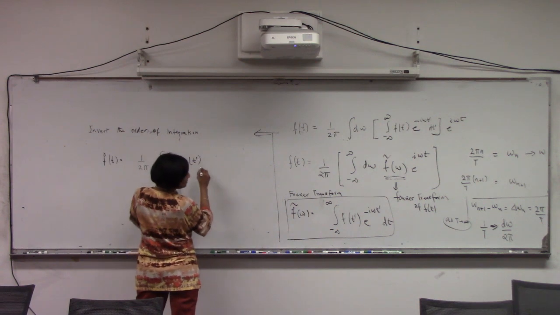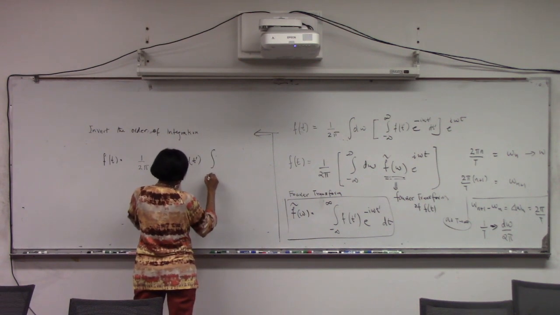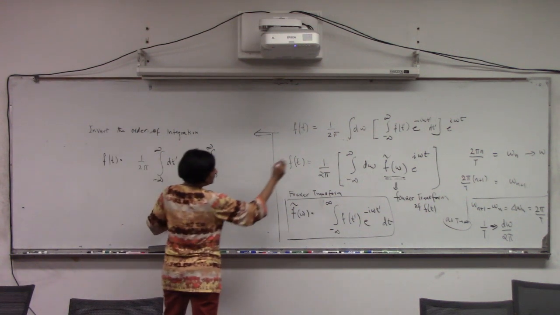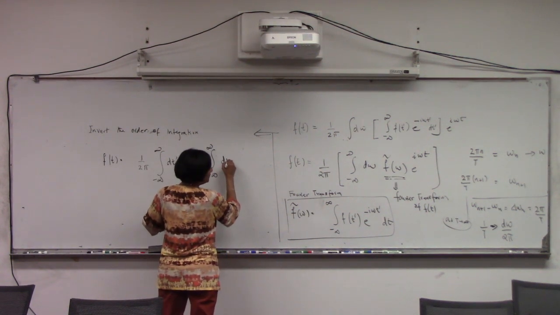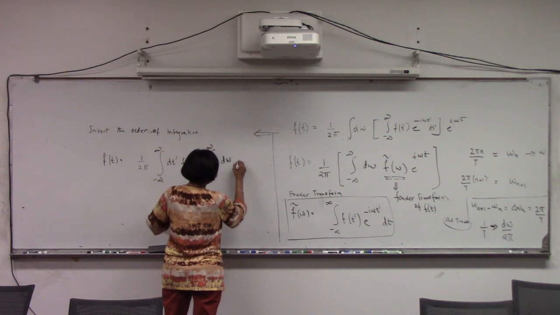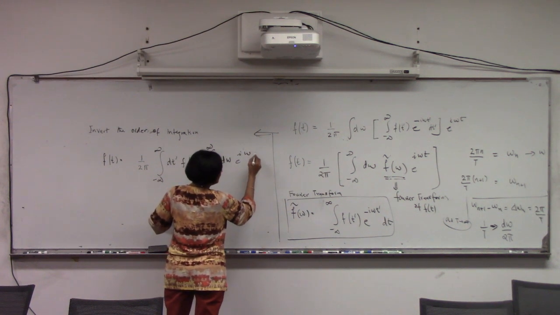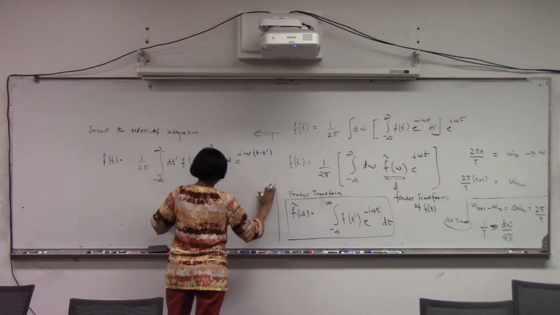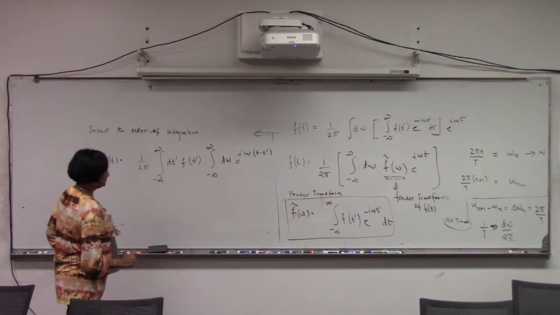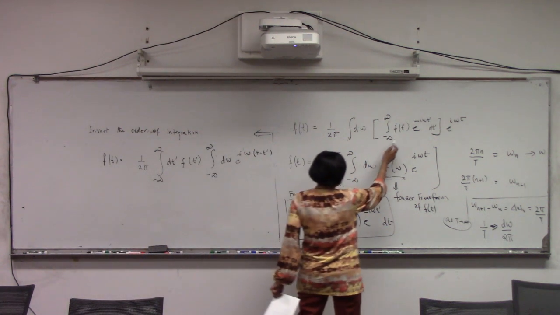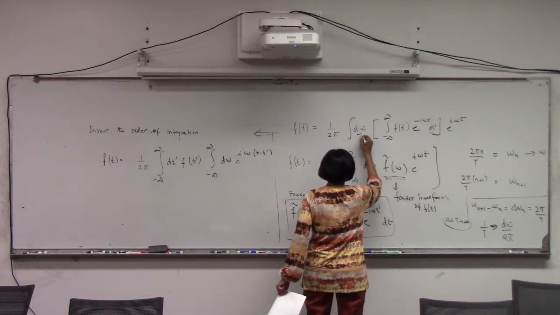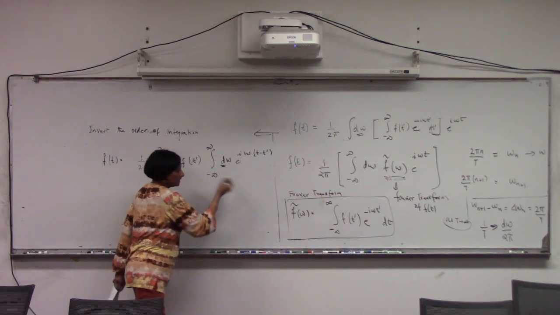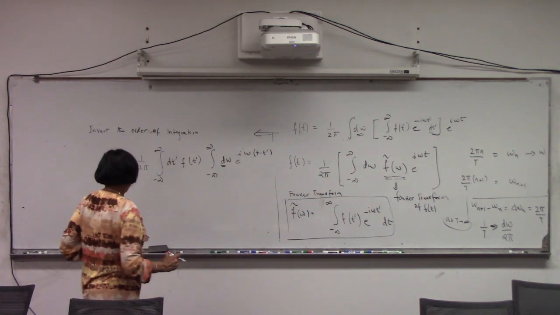Also here, I have this quantity, the integral from minus infinity to plus infinity of d omega, exponential of i omega times (t minus t prime), something like this. All I've done is, I have two integrations: one over t prime, the other over omega, and I decided to reverse the order of integration.